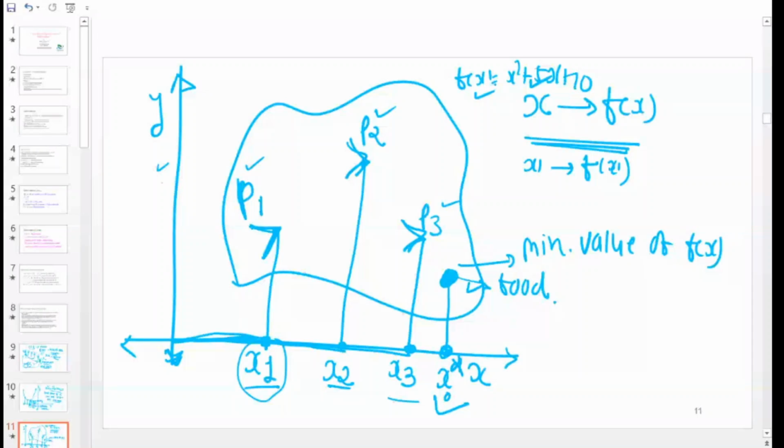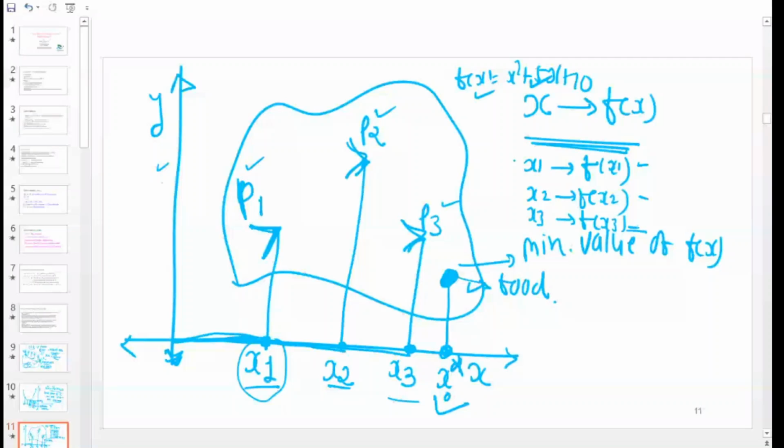So corresponding to x1, obtain f of x1; corresponding to x2, obtain f of x2; and corresponding to x3, obtain f of x3.